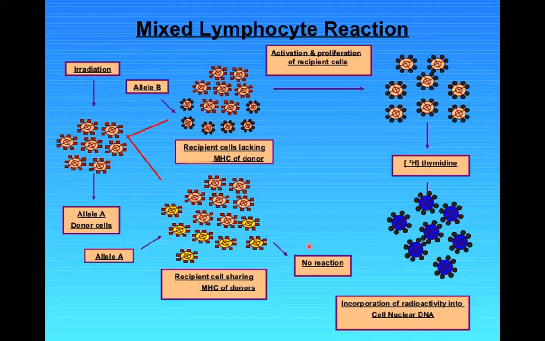And so similar to the previous experiment, we irradiate the target cells of, say, the recipient, mix them with viable cells from the donor, and if there is HLA mismatch, the donor cells will start to proliferate, and this can be measured either by counting the cells to see an increase in cell numbers or adding radioactivity, which gets incorporated into the DNA as a result of DNA replication. So an increase in radioactivity, an increase in cell number tells us that there is alloreactivity against the target.